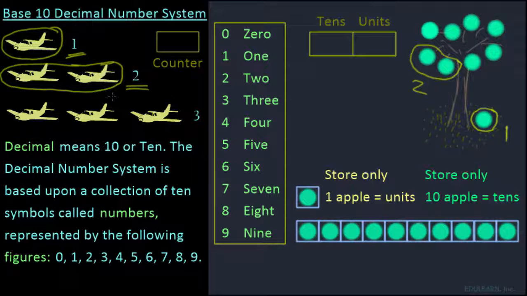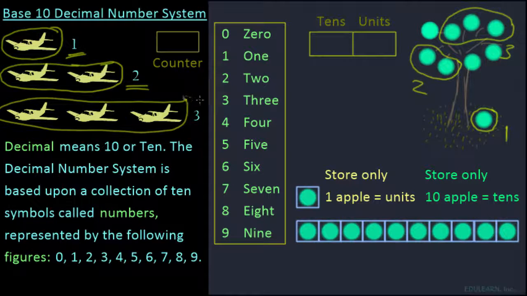So now when we select this and we put a 3 next to it, and we select this and we put a 3 next to it, now it becomes all the more clear that we're not talking about the aeroplane nor the apple, but we're talking about the arrangement of aeroplanes and the arrangement of apples.